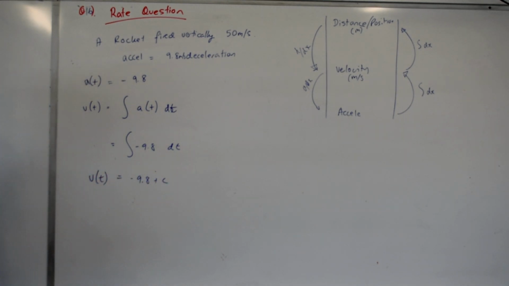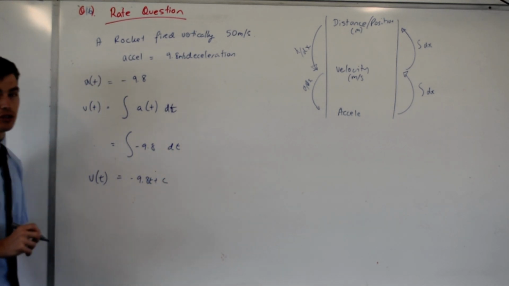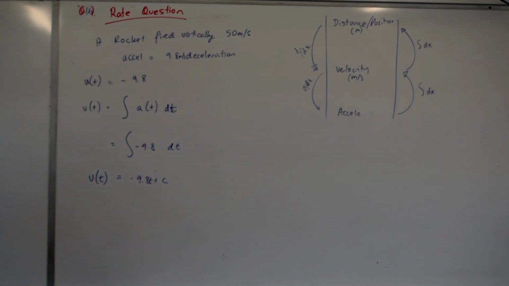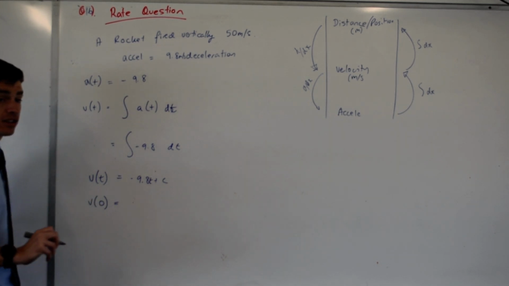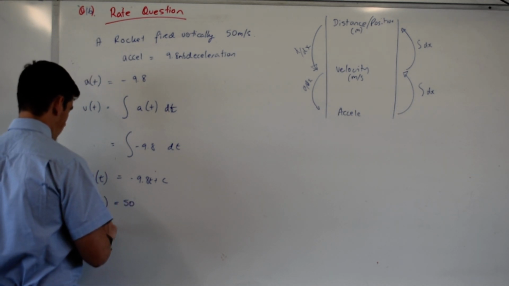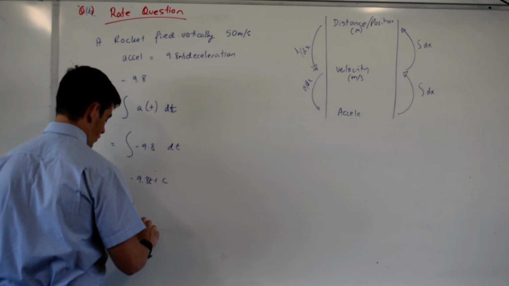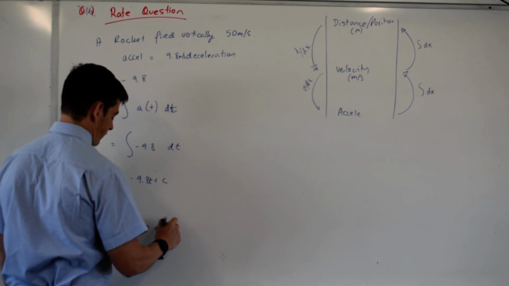Do I know anything else? I also know that initially the velocity is 50. So I know that 50 equals negative 9.8 times 0 plus c.